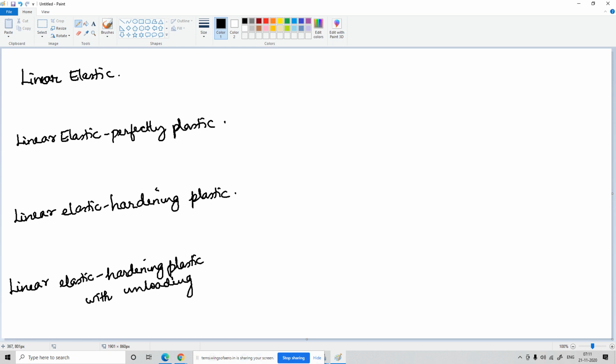Okay, we have four different types and we will see how the stress and strain deforms for each and every factor.